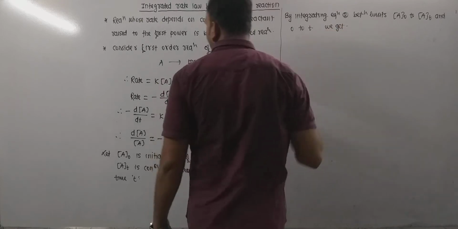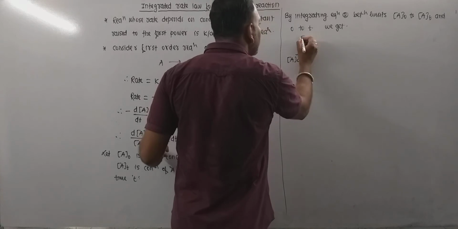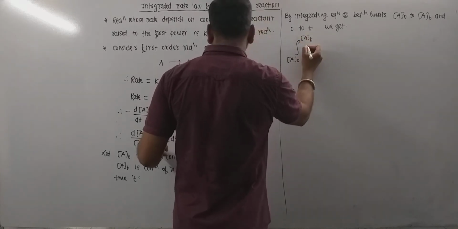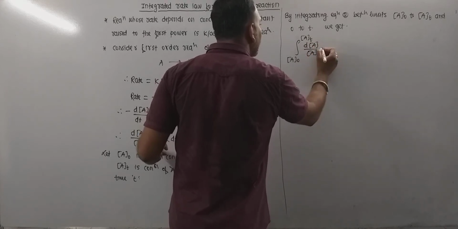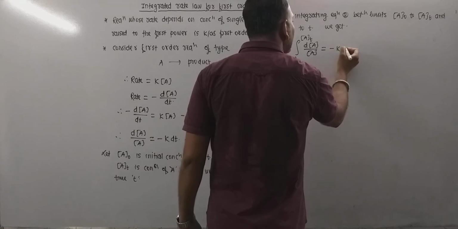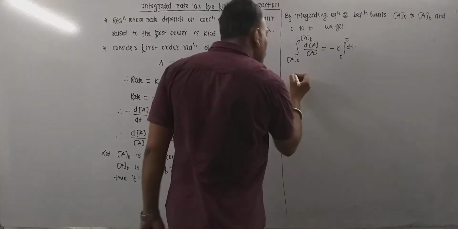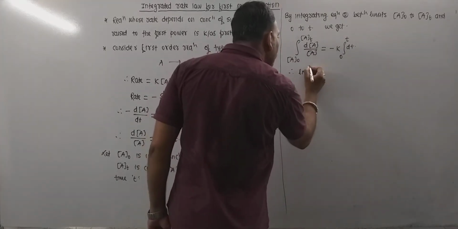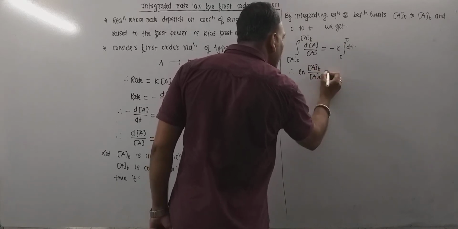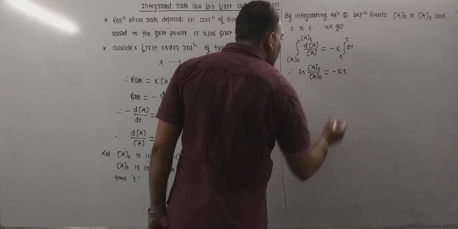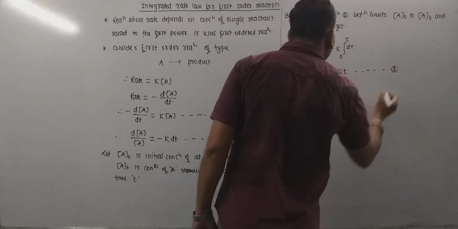So the integral from [A]0 to [A]t of d[A] by [A] equals minus k times the integral from 0 to t of dt. Now this gives ln [A]t upon [A]0 equals minus kt. This is equation 3.